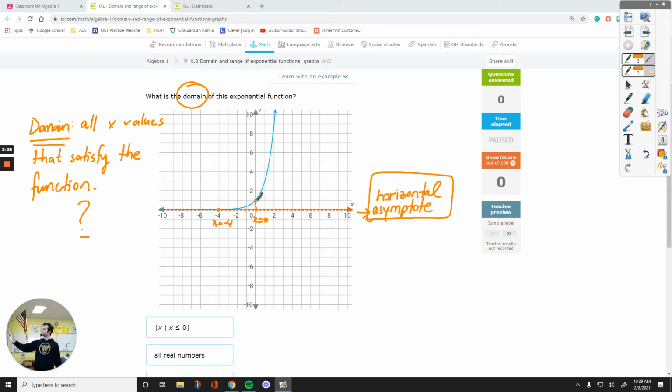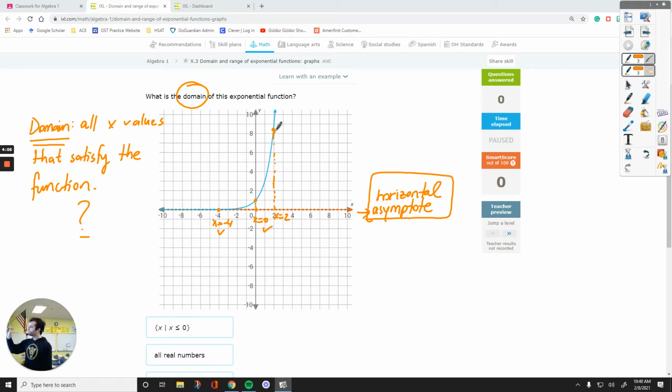So x equals 0 should be part of your domain. x equals -4 should be part of your domain. Or take x equals 2 as an example. This should also be part of your domain because it has a corresponding point on the graph. Whatever that point is, we don't care what it is, as long as you have a corresponding point on the graph, that x value should be part of your domain.